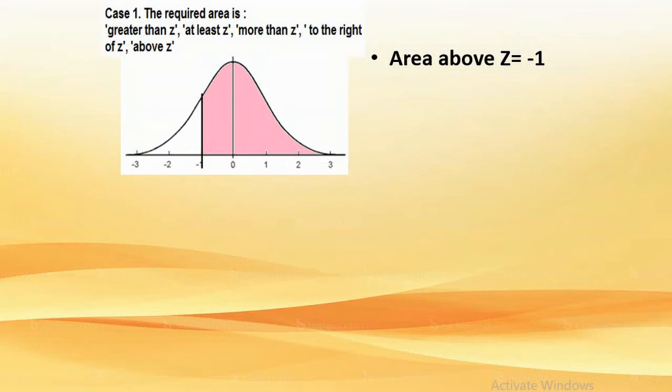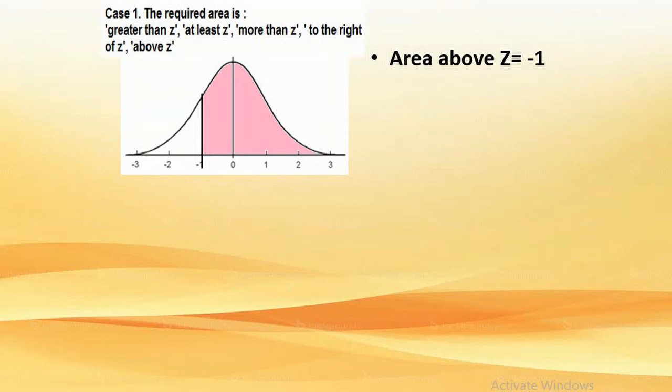It means to the right of Z. So we shall find first the area between 0 and -1, that is 0.3413. And what is left is on the right side, the area of that one is 0.5.